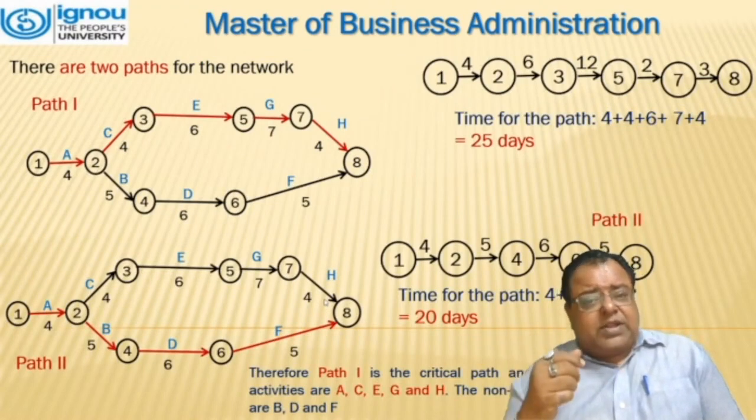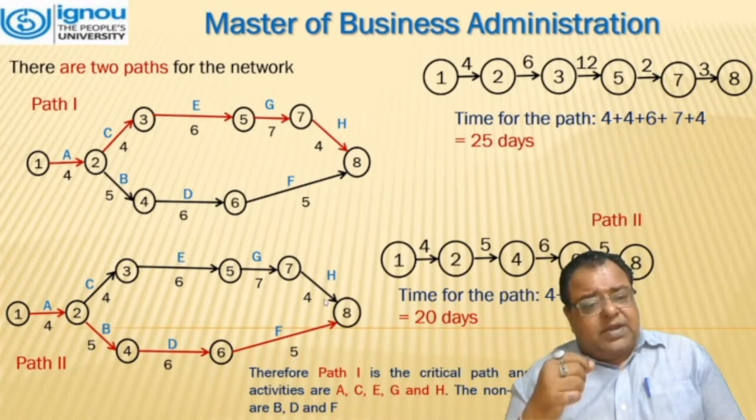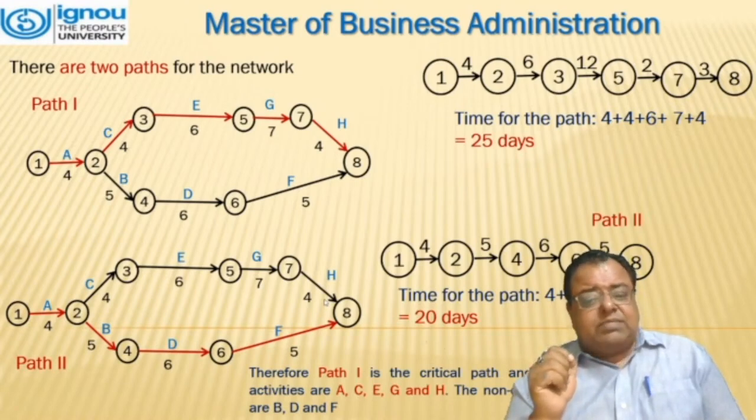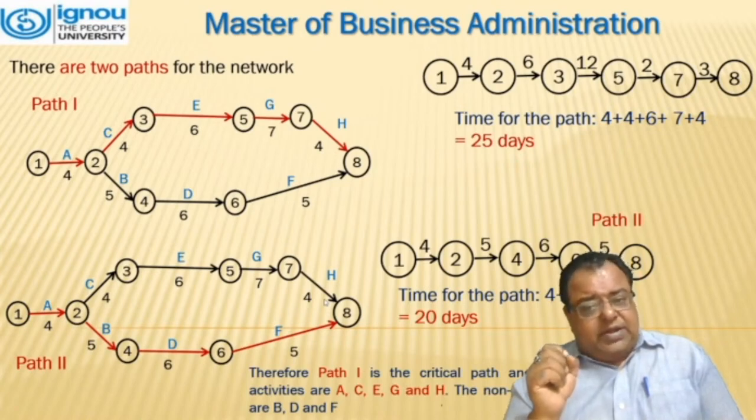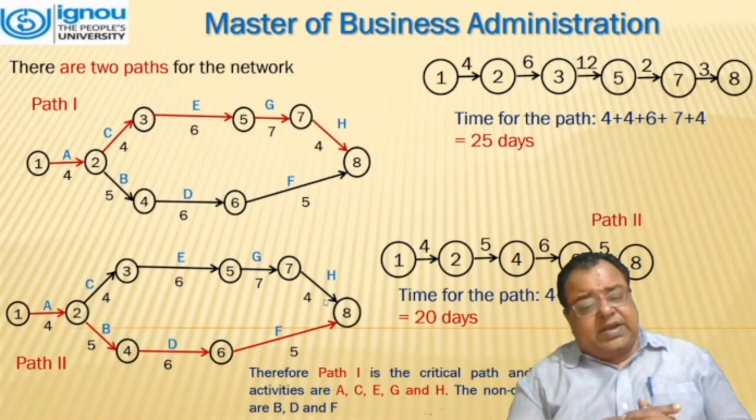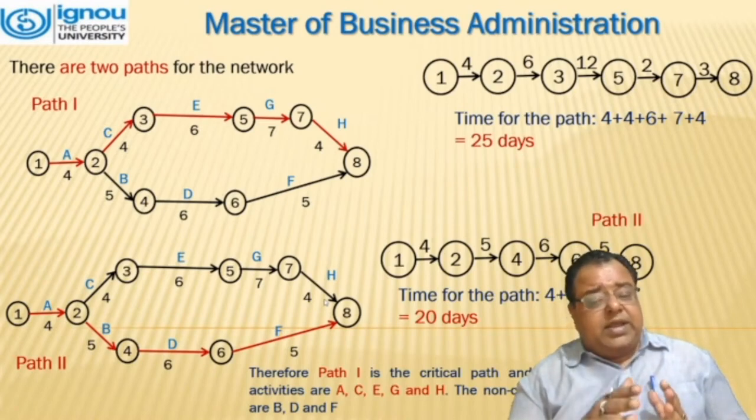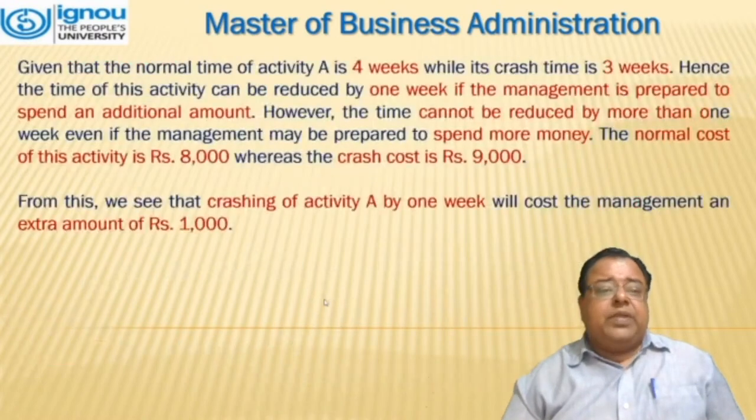Picking up the first path at the top, 1, 2, 3, 5, 7, 8, the total time comes out to be 25 days. And path 2, that is 1, 2, 4, 6, 8, comes out to be 20 days. Path 1 is the critical path, and the critical activities are A, C, E, G, and H. And the non-critical activities are B, D, and F.